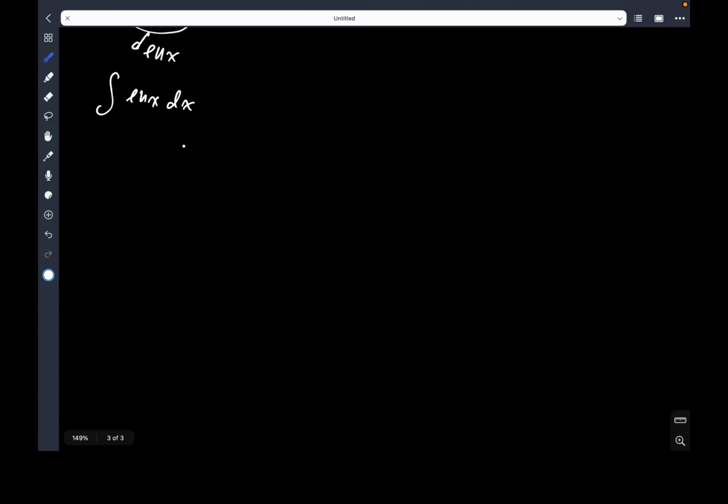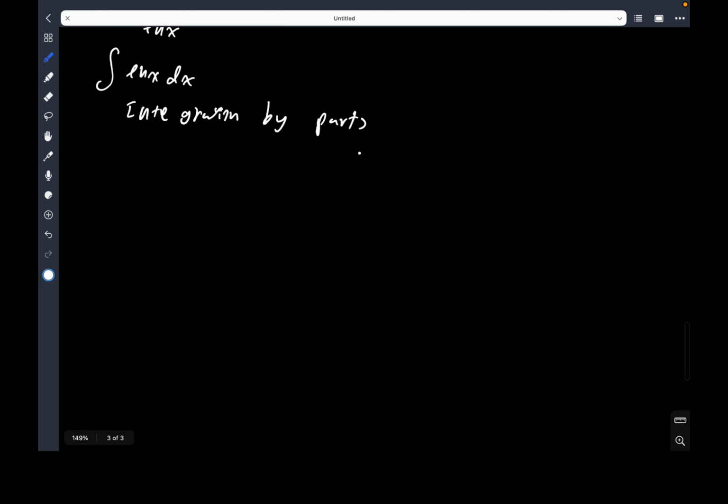Well, you can use integration by parts. Sorry for my bad handwriting. It's so hard to write on tablets with a magic pencil. So if we have an integral of u dv, I can write it as uv minus the integral of v du.